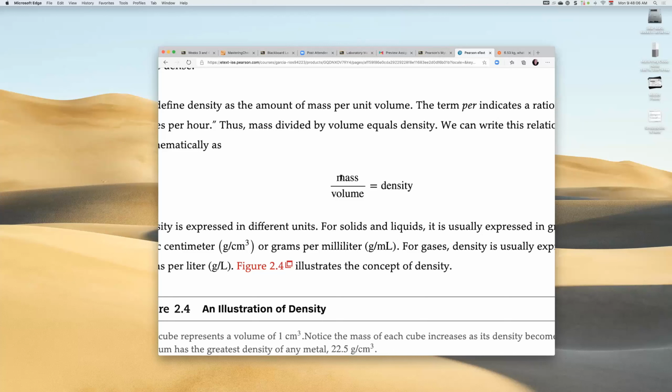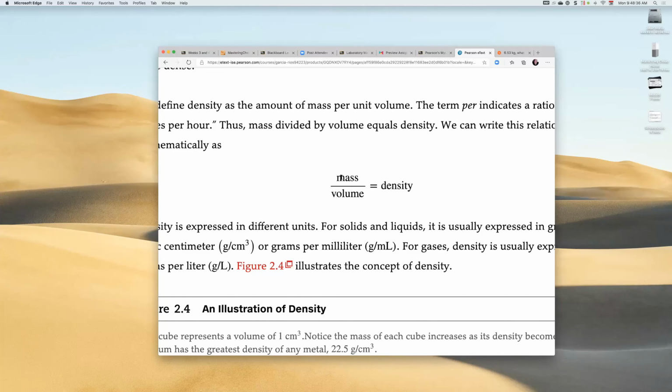So the density of lead, for instance, is always a certain number. And it doesn't matter if you have 1 gram of lead, 50 pounds of lead, or 1,000,000 grams of lead. The density doesn't change. So in fact, density sometimes can be used to identify different chemicals, mostly metals, because it is part of their own identity.